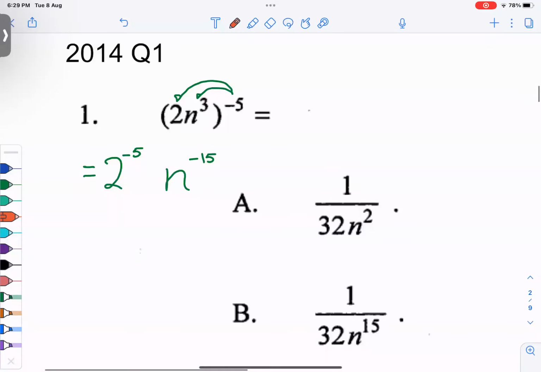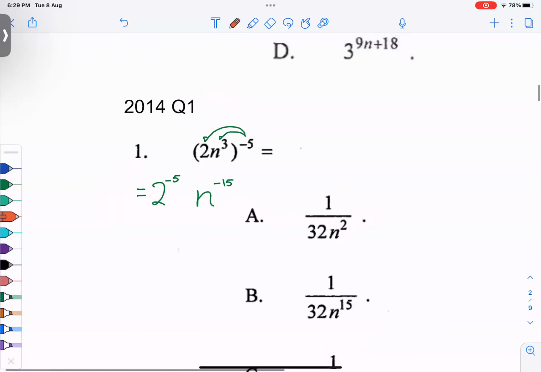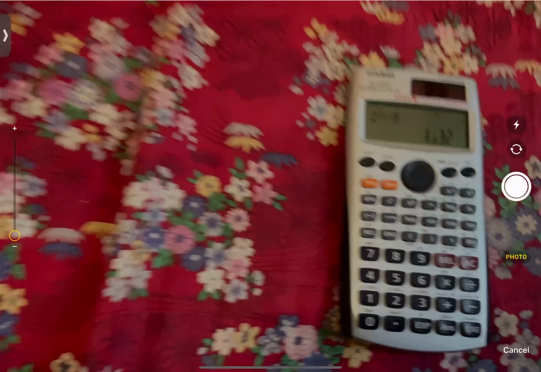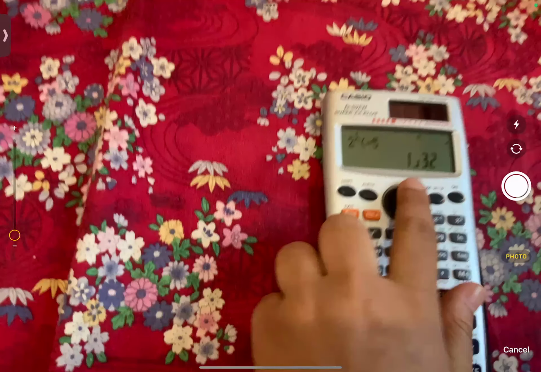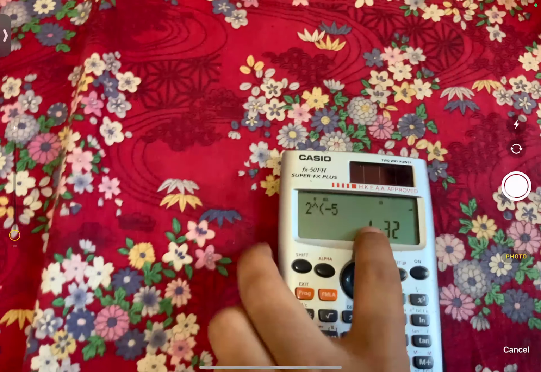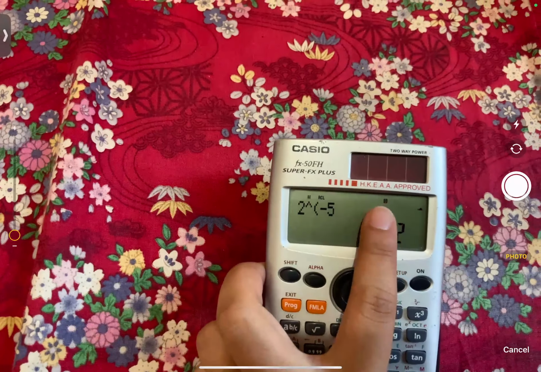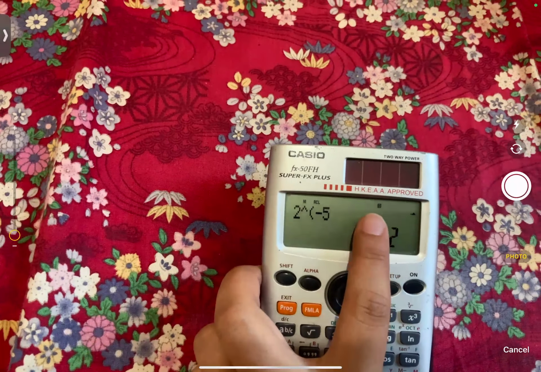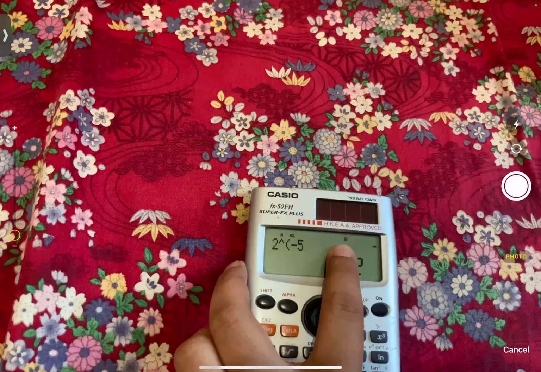I got a 0 in calculator. When clicking 2 to -5? Yes. That is because you need to make sure your calculator is having a D here. Or are you having G?